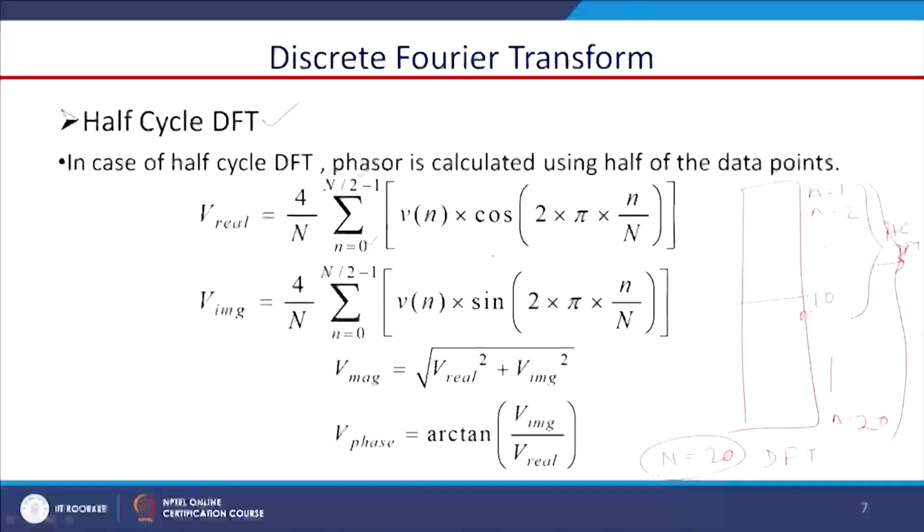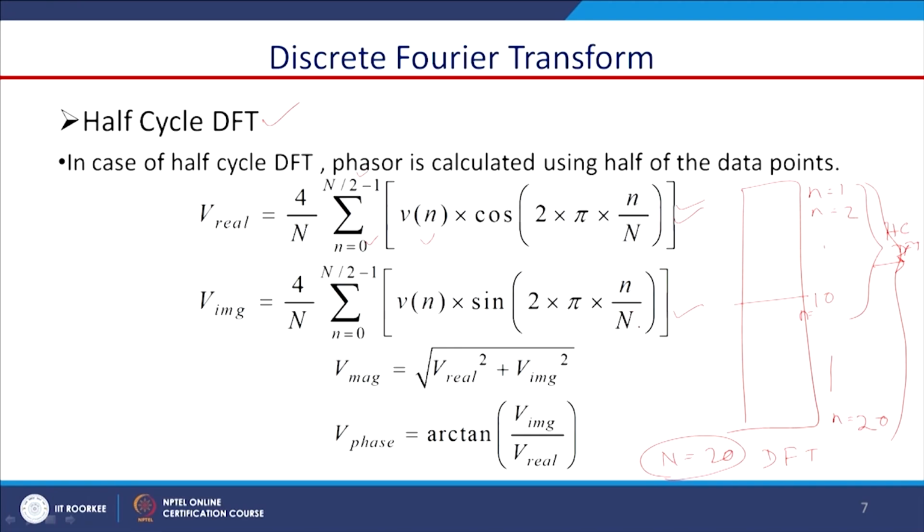Now, other things remain constant, that is v(n) cos(2 pi small n by capital N), and this is our real part, and v(n) sin(2 pi small n by capital N) is our imaginary part.